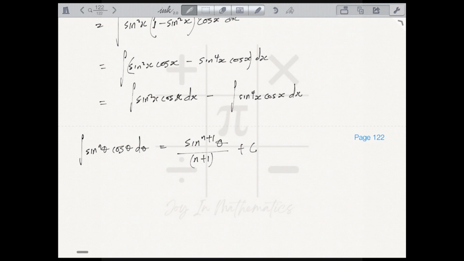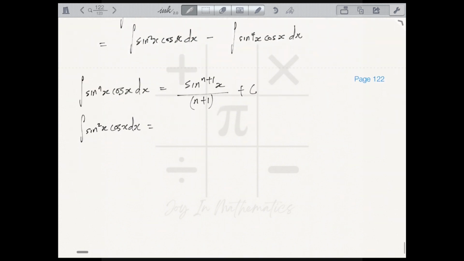We notice that our variable here is x, and we can therefore change our variable to x. So let's begin with integrating sine square x cos x dx. In this case, our n is equal to 2, and our answer will just be sine 2 plus 1 x divided by 2 plus 1 plus c, and this will give us sine raised to power 3 x over 3 plus c.